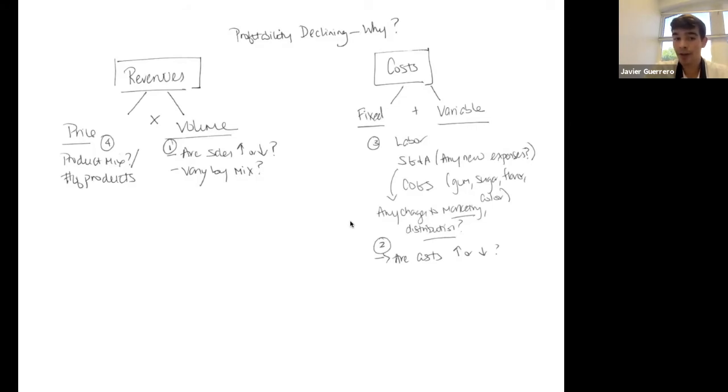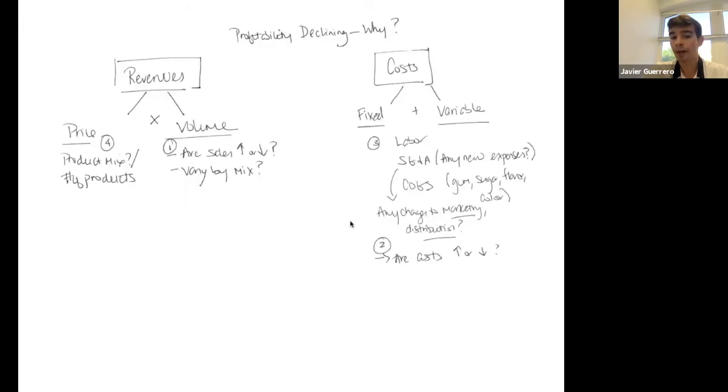First, looking at price, I want to learn more about how price varies across our product offerings, right? And whether we've increased or decreased price and how it compares to our competitors. Then on the volume front, I want to look at two things. Is volume increasing or decreasing? And how does it compare across our product offerings? On the cost side, fixed and variable costs are of utmost concern.